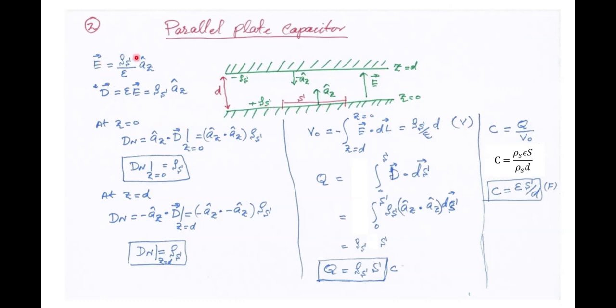As we know, the electric field due to a sheet of charge is given by this relation, that is rho s divided by epsilon, and in this case the electric field is directed along the z axis, so the electric field has a unit normal in the z direction. The D field can be obtained from the E field by multiplying the above relation by epsilon. So D is equal to rho s times the unit vector a z.